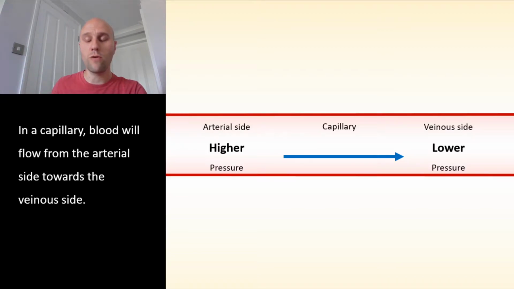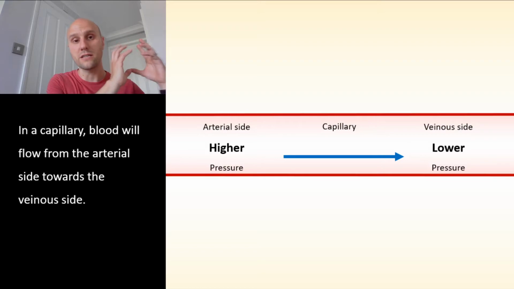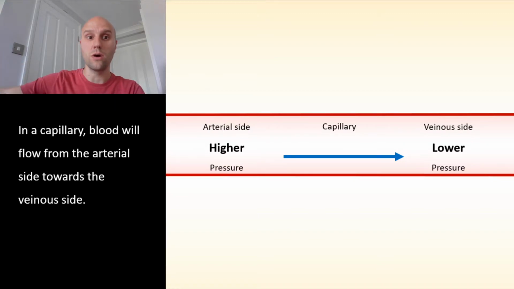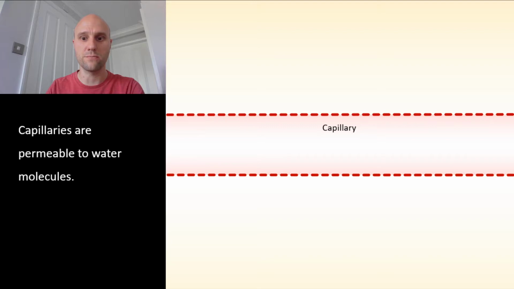And if we were to think about our capillaries, our smallest blood vessels within the tissues, their pressure is highest on the arterial side, and so fluid will move through the capillary bed if the pressure is lower on the venous side, and that's what generally happens in health.